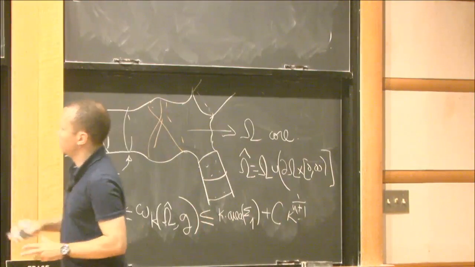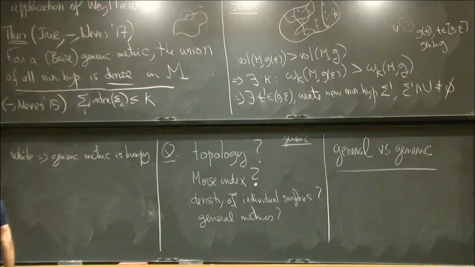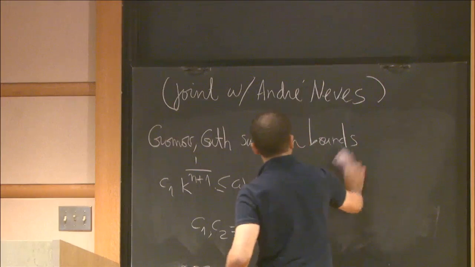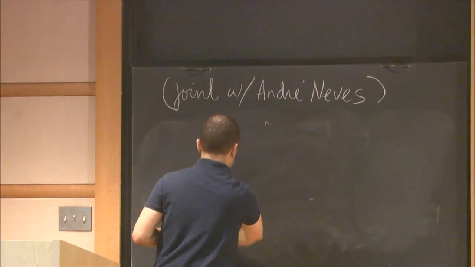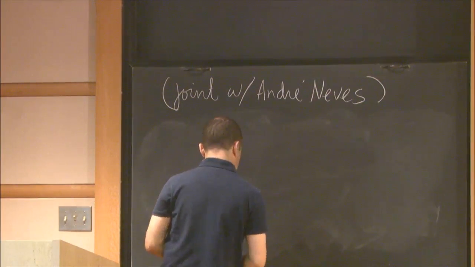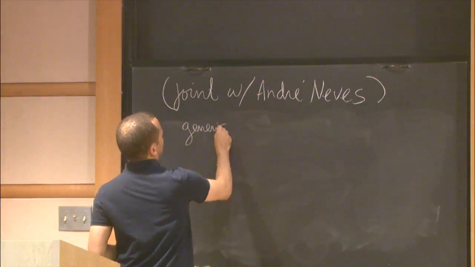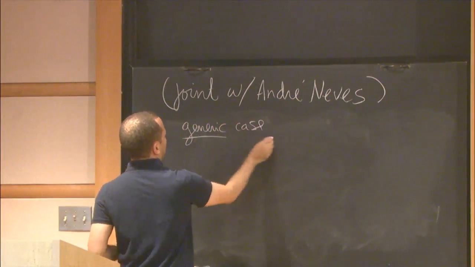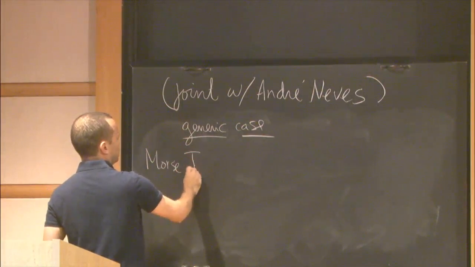And to finish, I'd like to go back to the generic case, with some conjectures there. So we have a conjecture. We call it the Morse index conjecture.